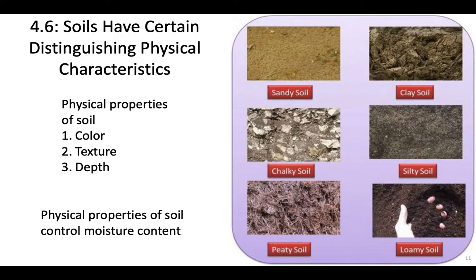Sandy soil can only support certain types of life, mostly because it can't hold as much water. Now, loamy soil, on the other hand, is at the opposite end of the spectrum, and is very porous and can hold lots of water. And so you'll find this in high precipitation environments with a lot of nutrient cycling.